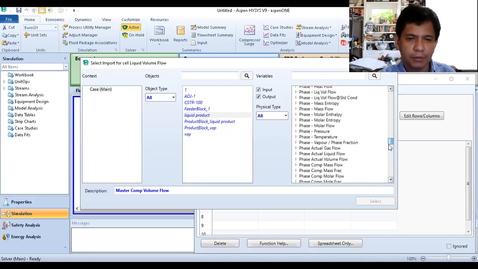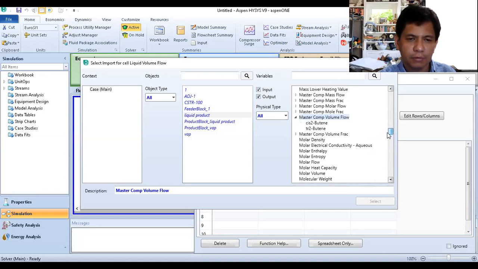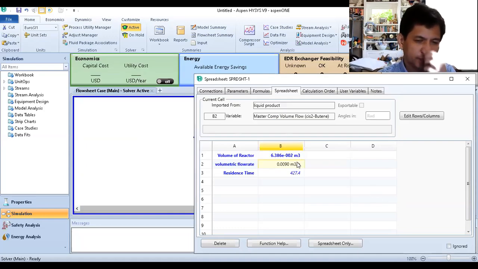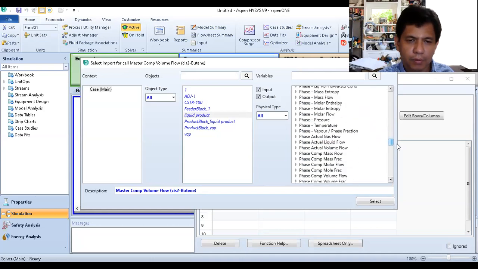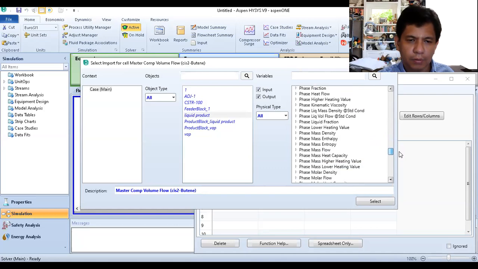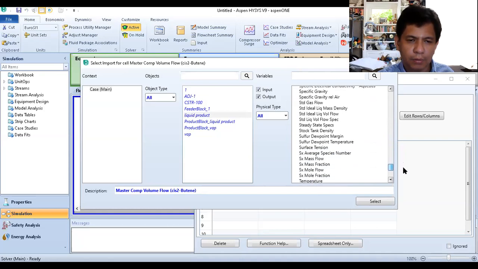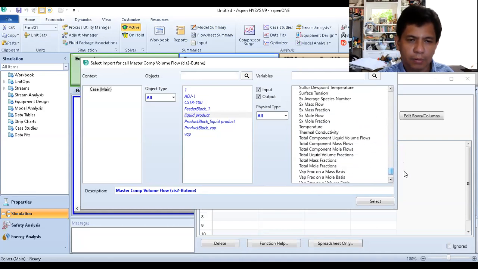Pwede rin. I-base natin sa ano? Sa cis-2-butene. Ito, total component volume flow.